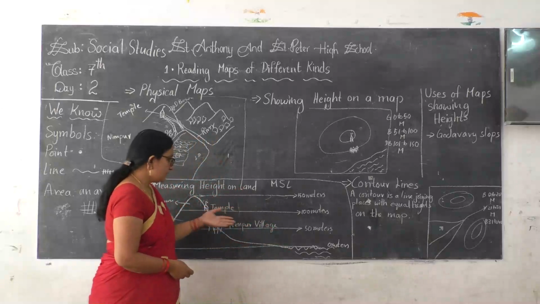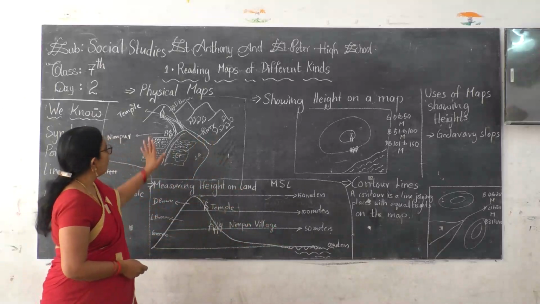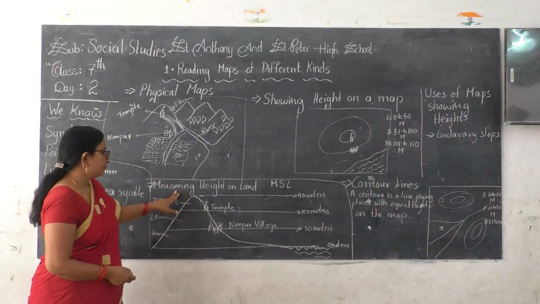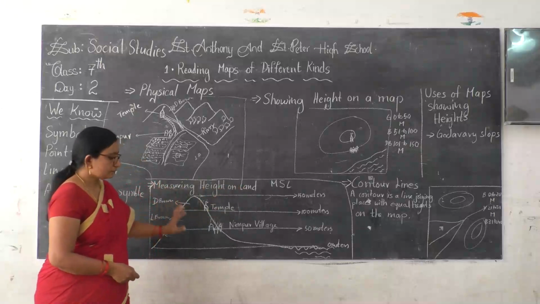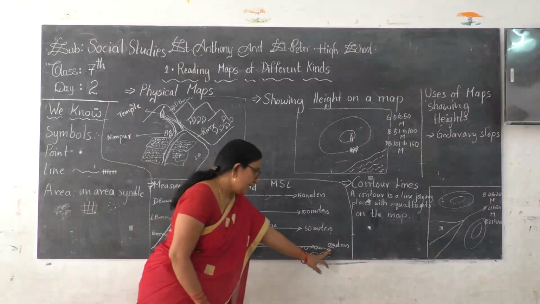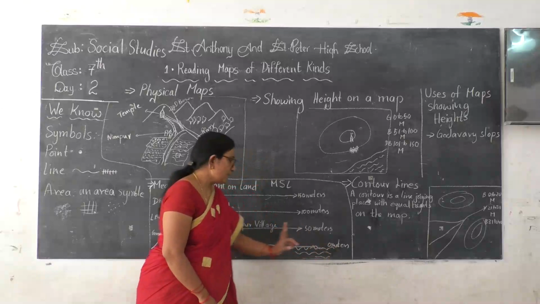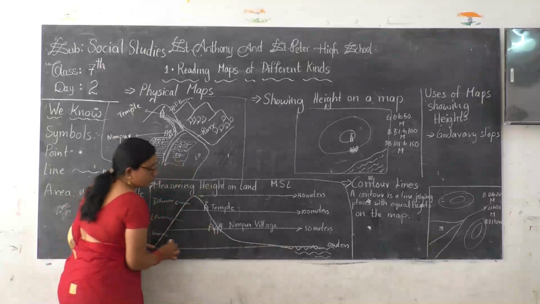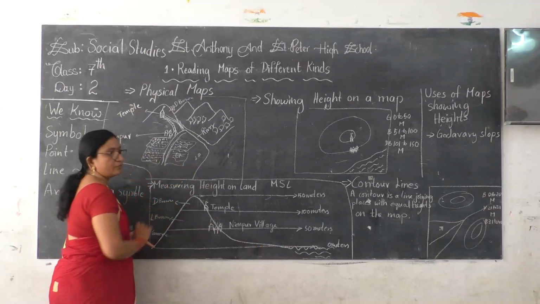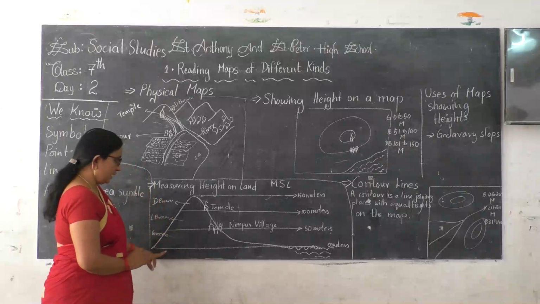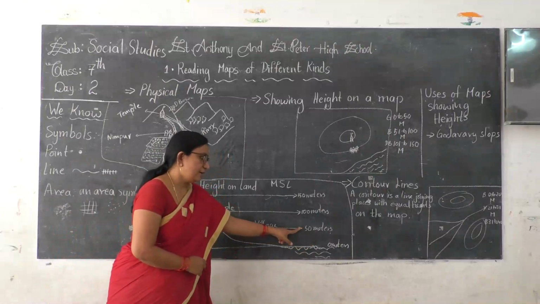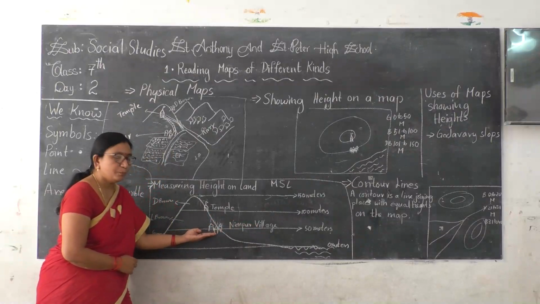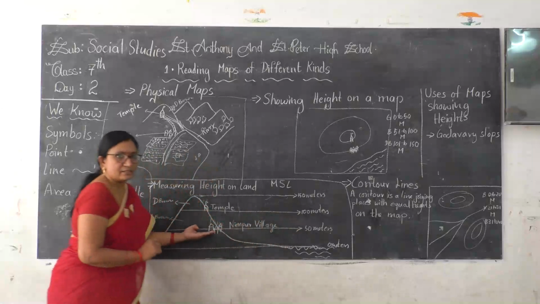So here we can observe how to measure the height of Nimpur village. This is one more kind of map which shows the height on land. You can observe the sea level is measured as 0 meters, and from here to here green color is used to show the height of the land. From here to here it is 50 meters, and here you can observe the height of Nimpur village is at 50 meters.